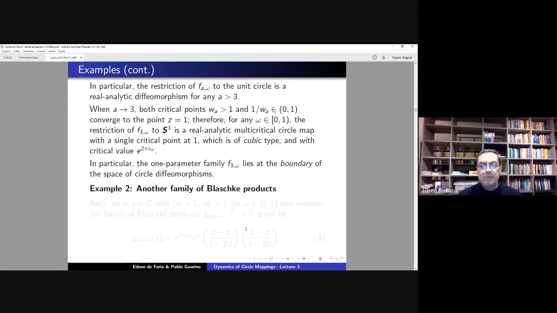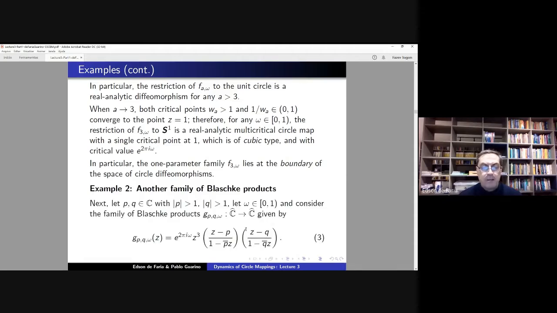Another family of examples still coming from Blaschke products is the following. You can now take two complex numbers, both lying outside the unit disk, and you take an omega between 0 and 1, and you consider this Blaschke product that depends now on 3 parameters, 2 complex parameters and 1 real parameter, and it's given by this formula that you see here at the bottom, okay?